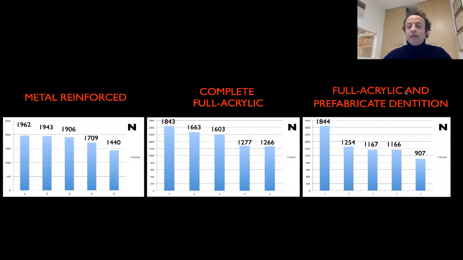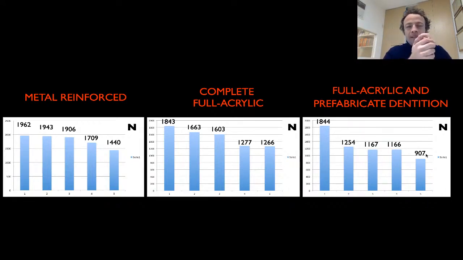And then we have full acrylic with the prefabricated dentition, ranging from almost 1,900 to 1,800. So it's really a heterogeneous result, and this explains why the performance is not as good as the metal reinforced. But please have a look at the numbers that we achieve. We speak about 900 Newton.